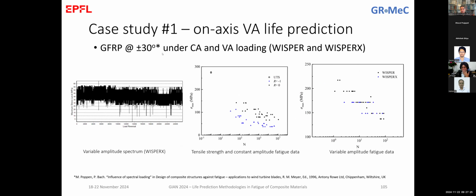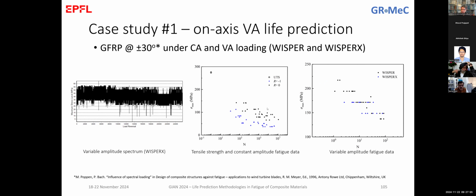For the implementation of this theory that I've shown before, I tried to find in the literature some data that give SN curves. Here we have SN curves for R of -1 and 0, and we have data also from different fatigue spectra of the type that you see here on the left: Whisper and Whisper X fatigue spectra.